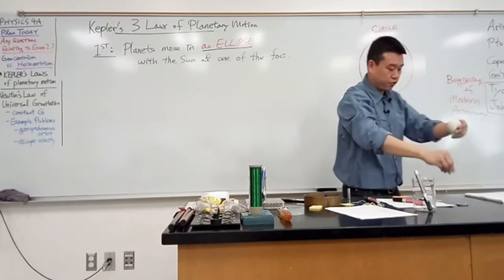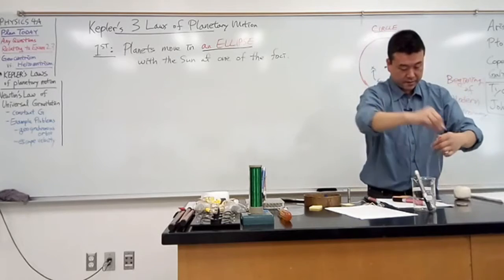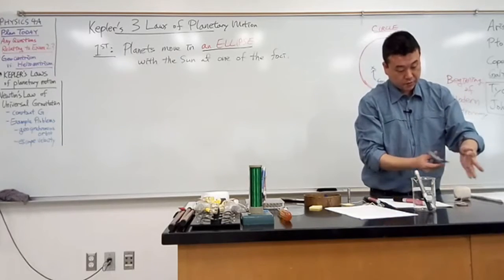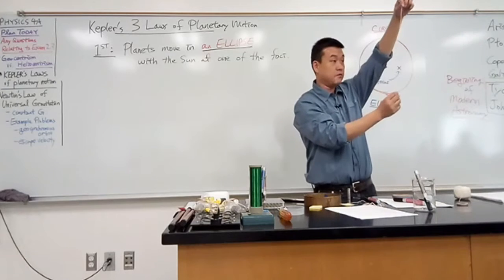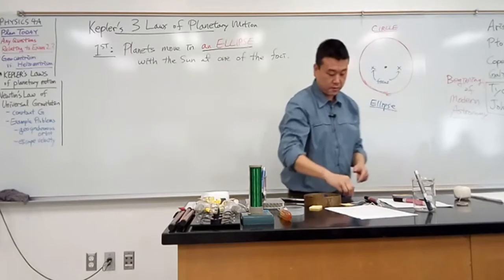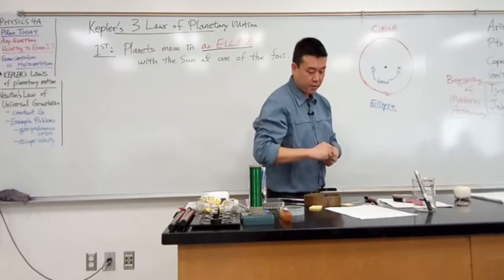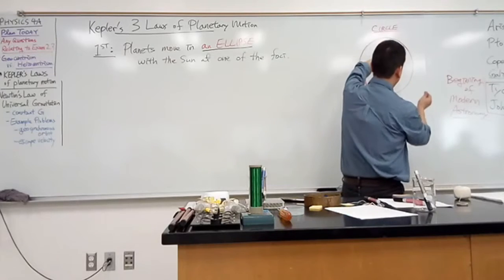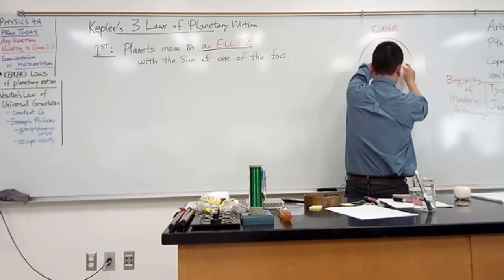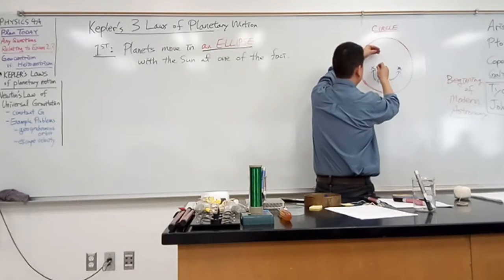So let's say this length of the string is what we are keeping constant. When you are drawing the path of the ellipse, this is what it would look like. You have one fixed point here, and you have another fixed point here.